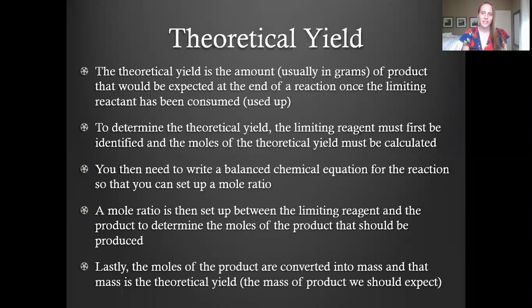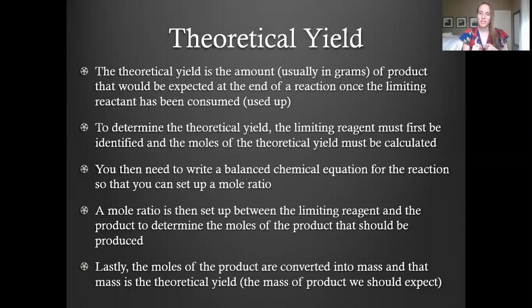So the theoretical yield is the amount of a product, usually in grams, that you would expect to find at the end of your reaction once the limiting reagent has been all used up. If you aren't told in the question which reagent is limiting, you will have to calculate that first using the stuff we talked about earlier, like the last lesson or two.